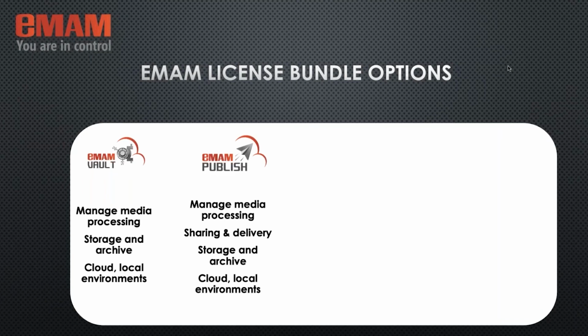When you move up to Publish, this gives you the ability to share content, deliver content, and so on. This license bundle would be good for those who want to collaborate on content and then take that content and maybe deliver it to social media or broadcast locations, things like that.